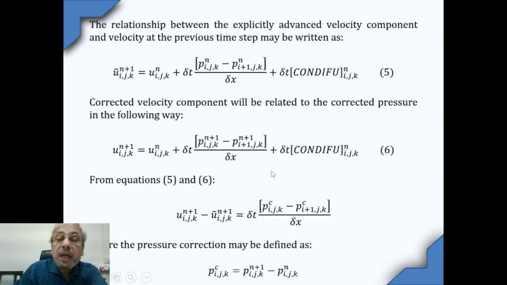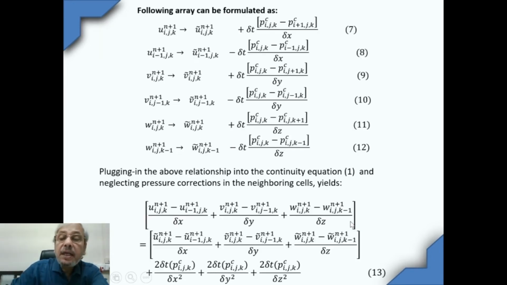So we can now establish this relationship, that the difference between the provisionally advanced velocity and the velocity which is really the velocity at the n plus 1th level is delta t into the pressure correction at the IJK cell minus the pressure correction at the I plus 1 JK cell, divided by delta x.